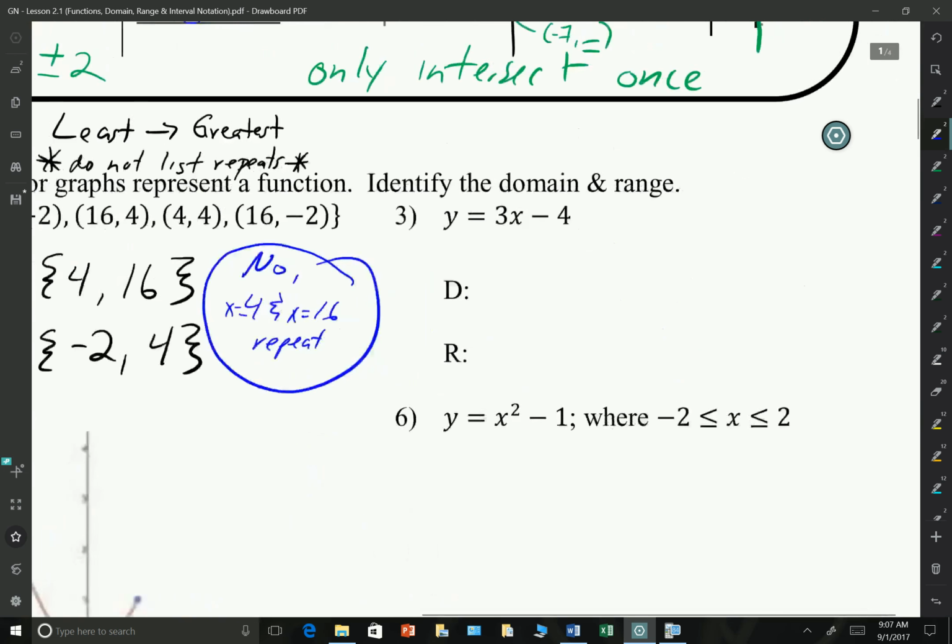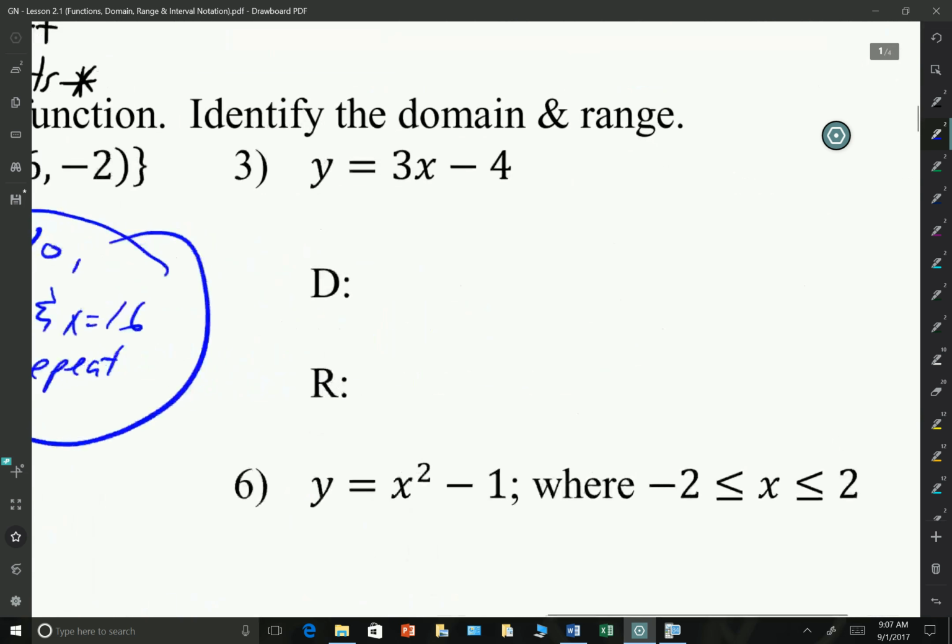This is always a fun one. It's easy when I give you a set, but what if I give you an equation? Y equals 3x minus 4. What's the domain? Domain are what values? X values, right? Everybody watch this. All right, pick an X value. Any. What? 4. Plug in 4, you get 8, don't you? Good.